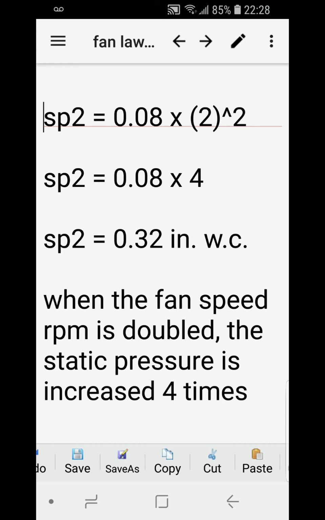So the conclusion is when the fan speed RPM is doubled, the static pressure is increased 4 times, because 2 squared is 4. That's why the static pressure is increased 4 times.